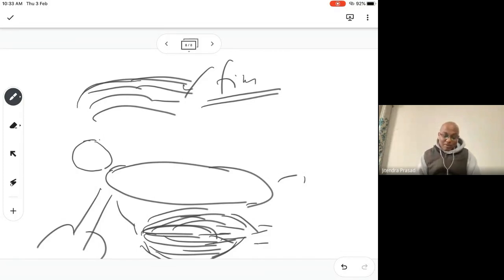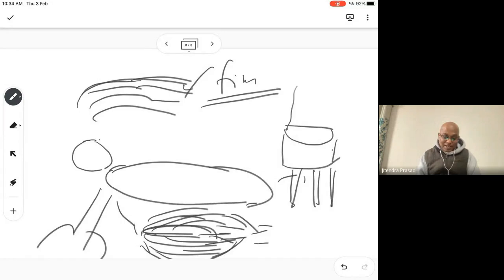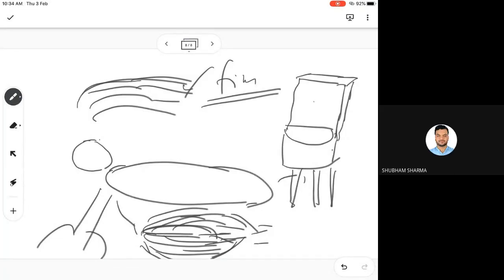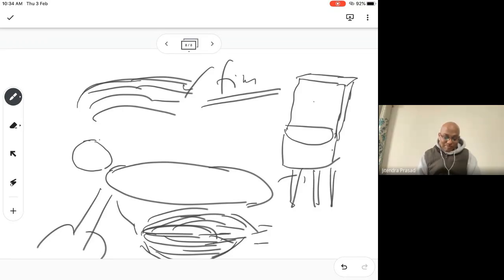Or you must have seen some ICs or transistors. Let's say a transistor like this. You will have the transistor here, and you will also have some metal attached to it. Have you seen? So this is for convective heat transfer only.